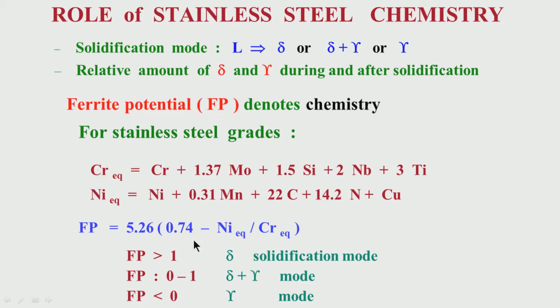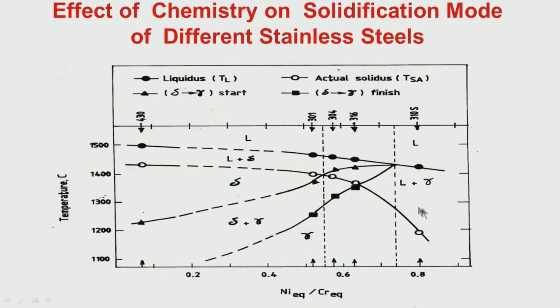If it is quite low, then what is going to happen? The ferrite potential will be very much positive, so it is delta solidification. Look at this figure. Here 0.74 is for this particular chemistry, and beyond 0.74 it is only gamma solidification.